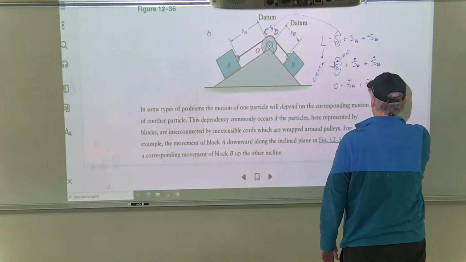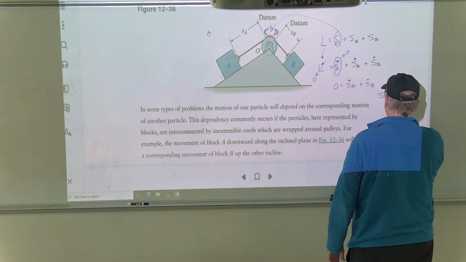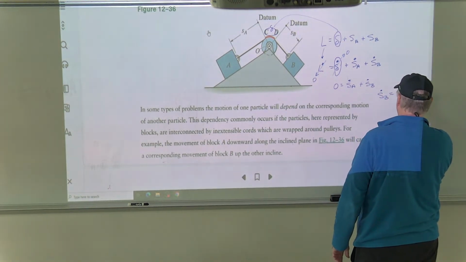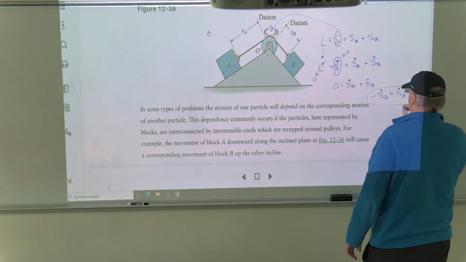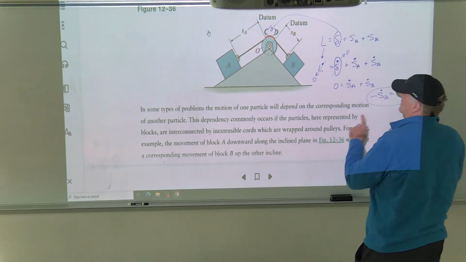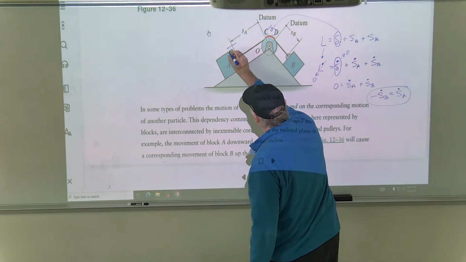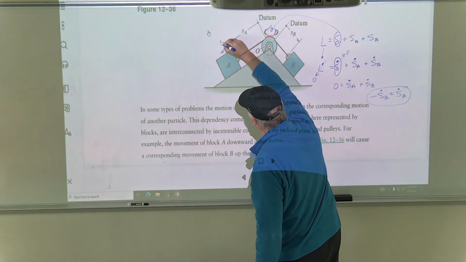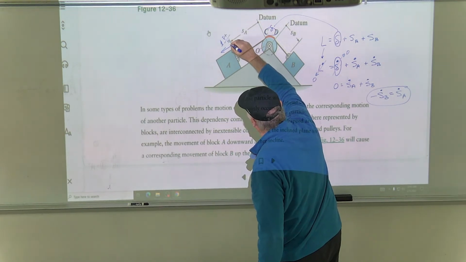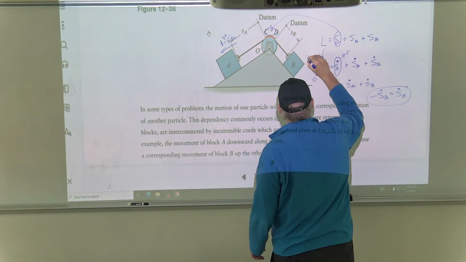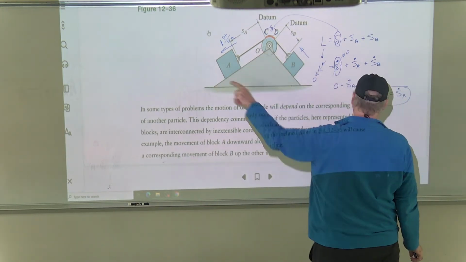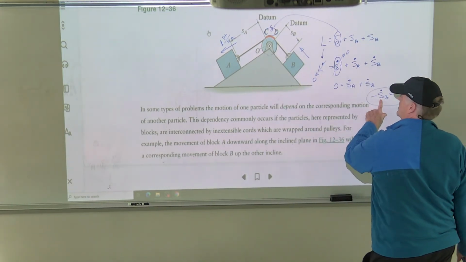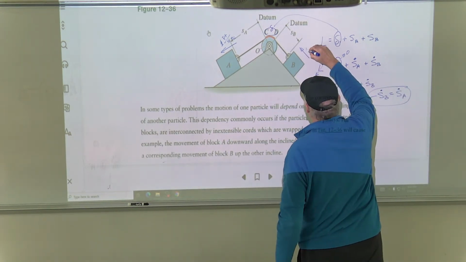Or you end up with SB equals minus SA, or I'll have to do it that way now. So if SA were positive, meaning that this thing is moving like that, and say it's moving at 1 foot per second, then this has to move negative. If that's 1 foot per second that way, this is 1 foot per second, but it's going this way.